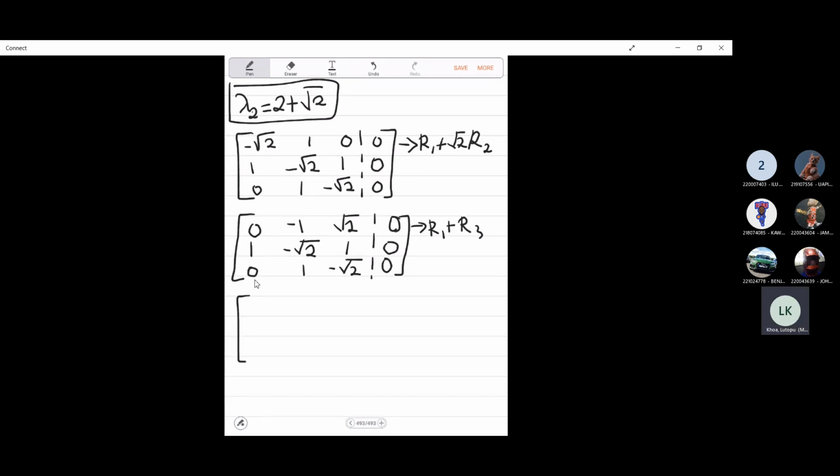So 0 plus 0, minus 1 plus 1. Square root of 2 plus negative square root of 2, 0 plus 0, and then my second row has not changed, third row has not changed.